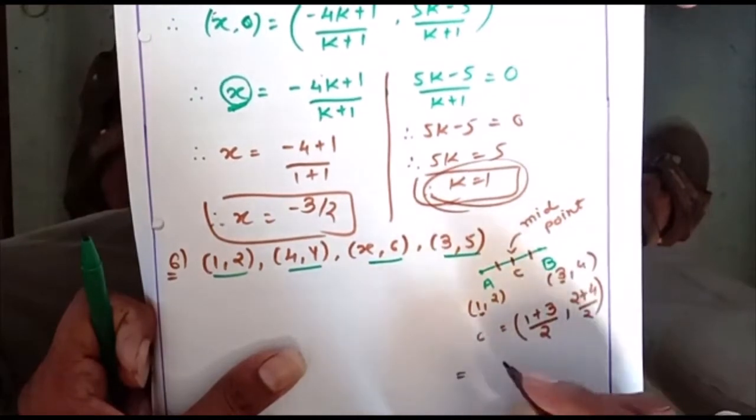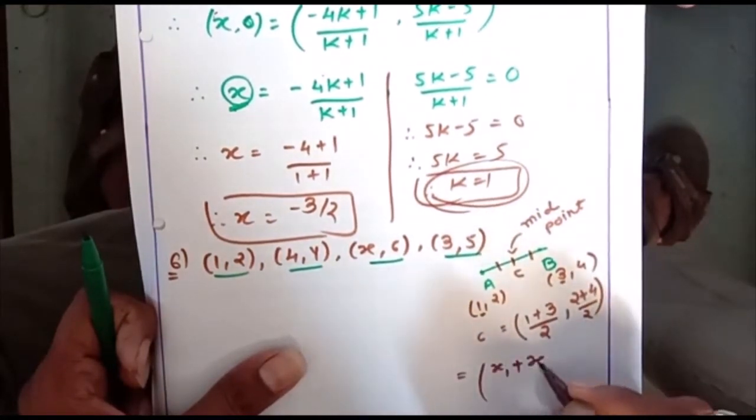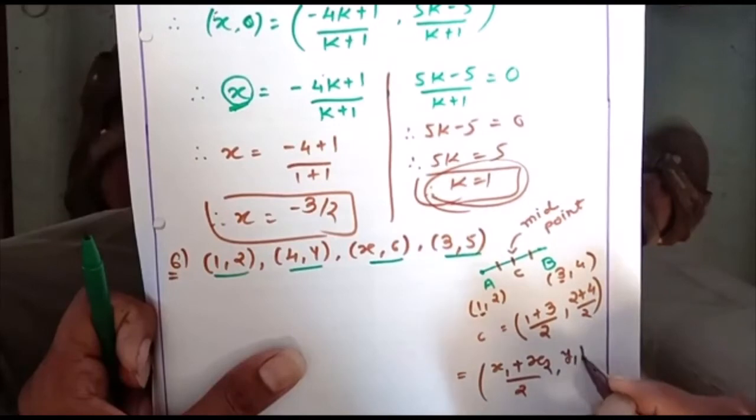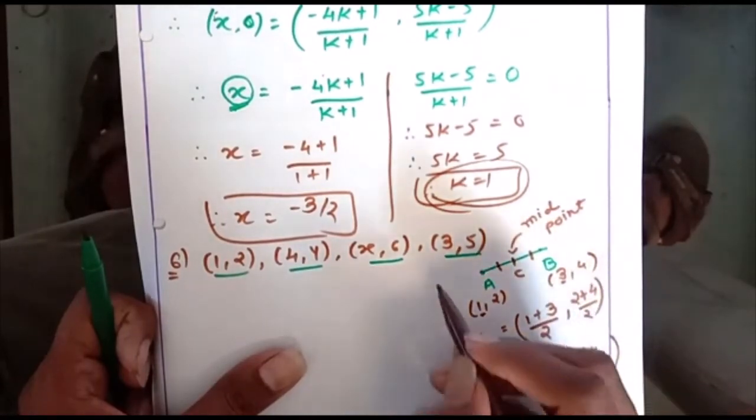You can also write as a formula (x1 plus x2) by 2 and (y1 plus y2) by 2. It is the midpoint formula.